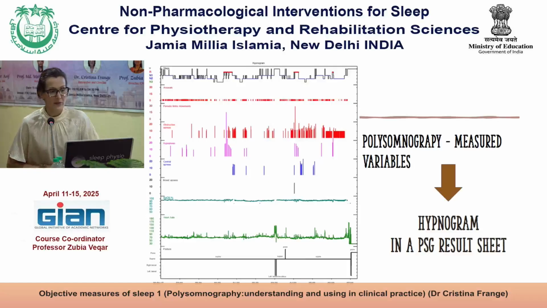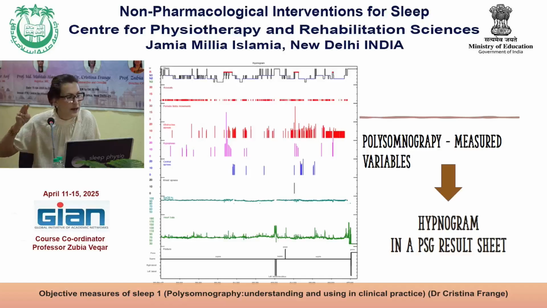I know it's too small, but can you tell me how many bouts of REM sleep stage this patient had this night? Yeah, okay, almost 3. One here, but there was some shifting to N1 sleep, okay?